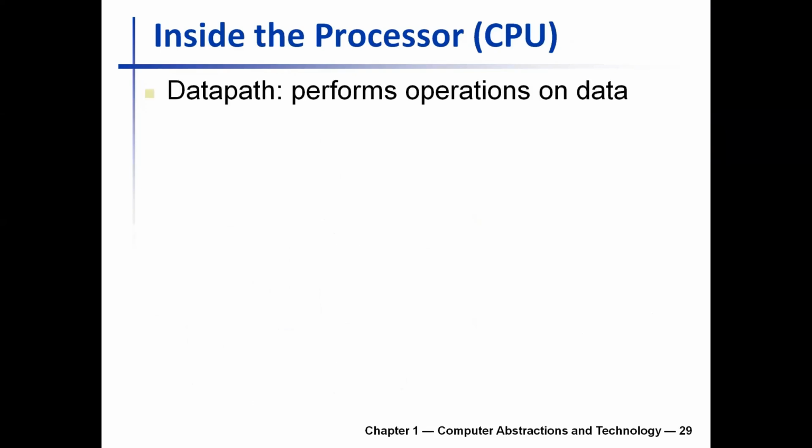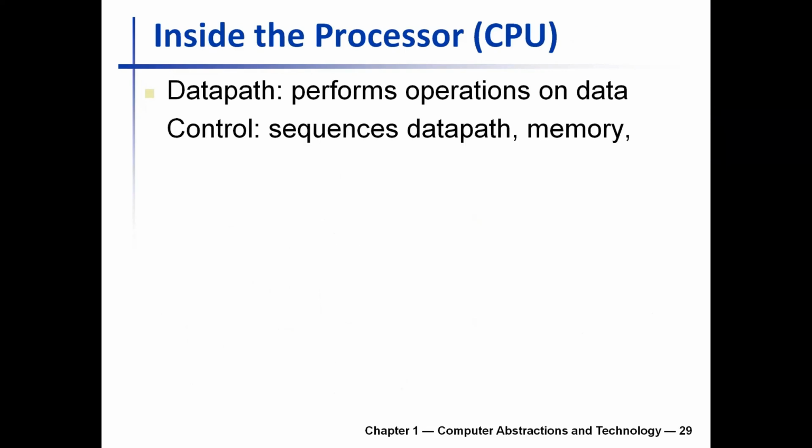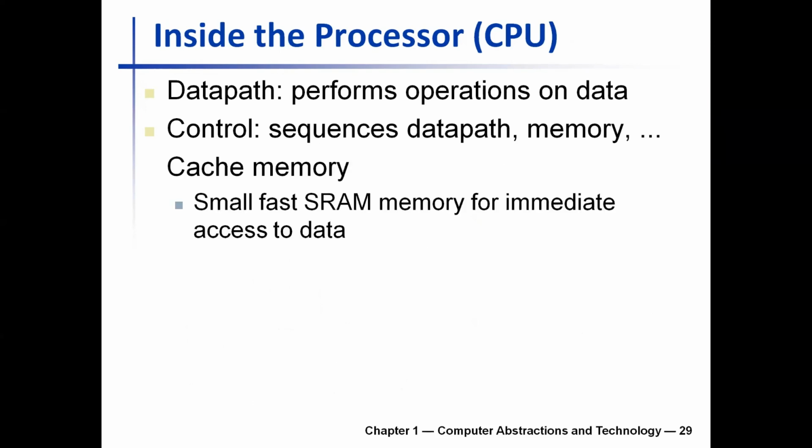Right, so the data path performs operations on data. The functional units perform operations on data and instructions. Control makes sure that things happen according to the plan. The instructions and data travel through the data path accordingly. Then when it comes to memory, we have things called cache memory in the CPU, where the idea is that getting things from the memory is a little slower.